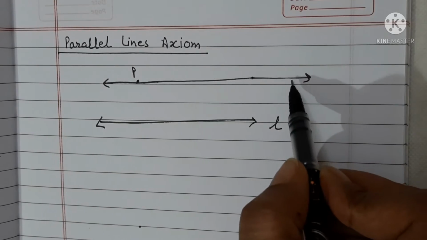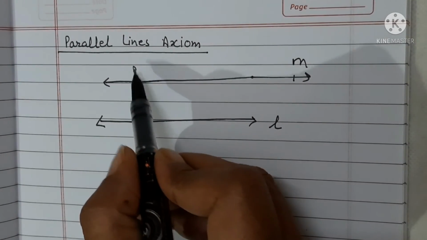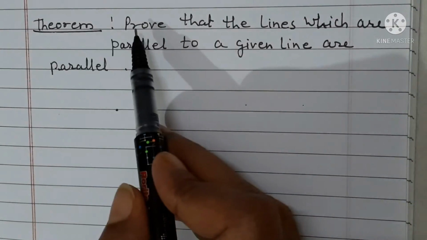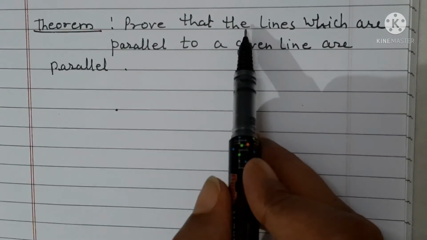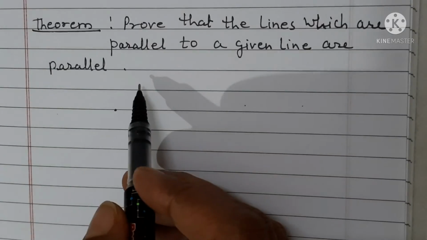This is the theorem: prove that lines which are parallel to a given line are parallel to each other.